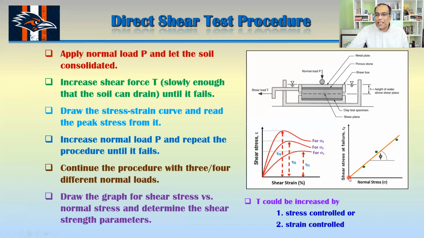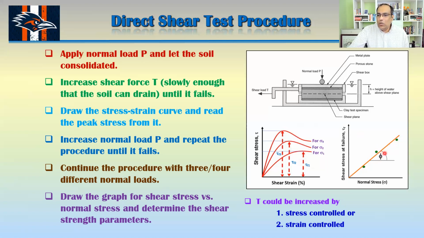Usually this passes through 0 for sand or normally consolidated soil because your cohesion is 0 there. I'm saying that again: for sand and normally consolidated soil, your C is always 0, your cohesion is always 0. So this passes through the origin, so your C equals 0.